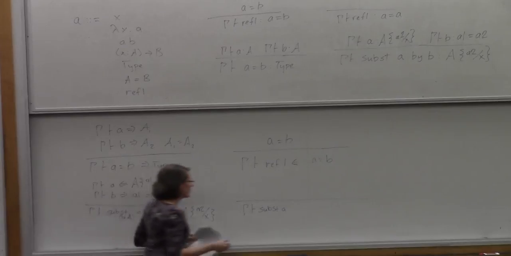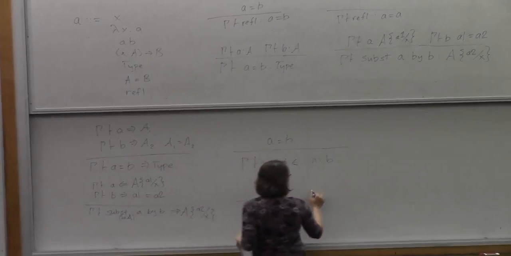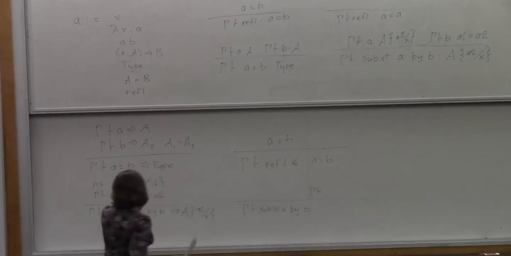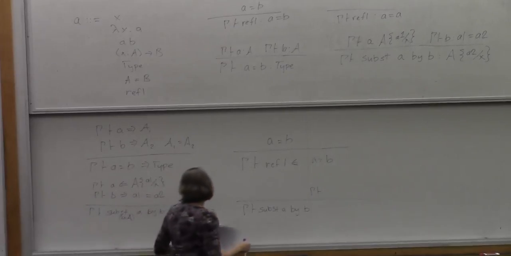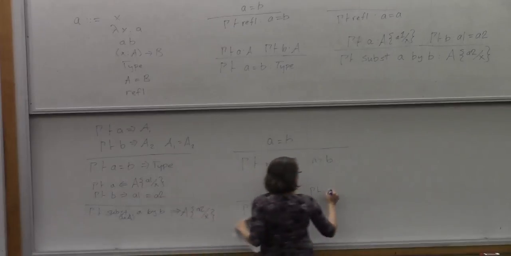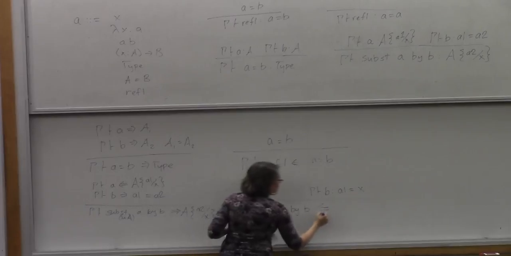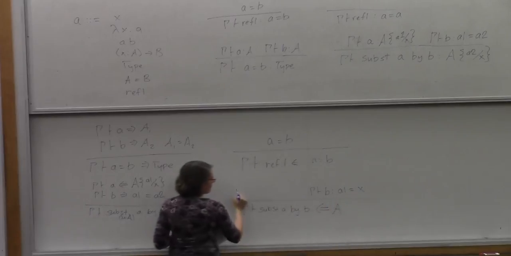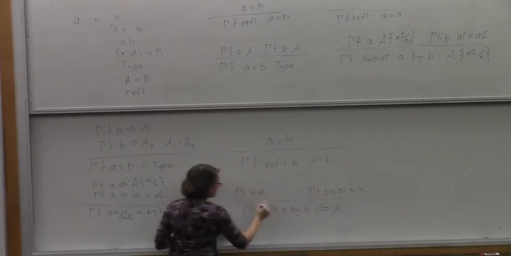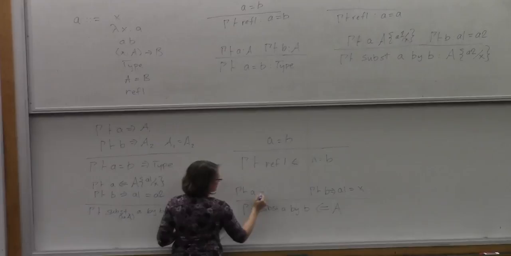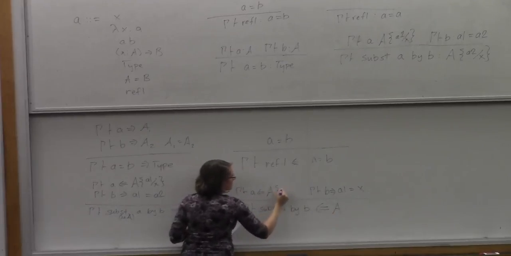So if we have subst A by B, and B wasn't an arbitrary equation but was A1 equals x, then we could just get A there, and then we can push that A down in this type A after a substitution.